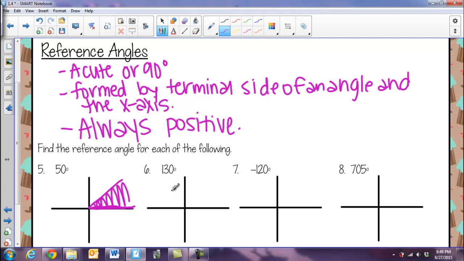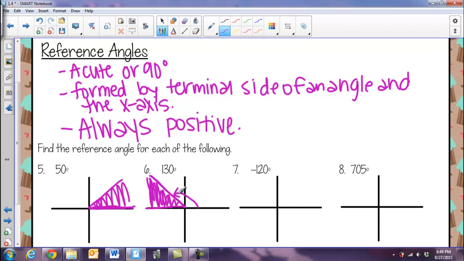Now if I sketch 130 degrees, that's going to be over here in quadrant 2 because it's more than 90, less than 180. And so I went this direction. The thing about reference angles is, first of all, they have to be acute. 130 is not acute. The other thing is they're formed by the terminal side of the angle, so this side, and the x-axis, so down here. So this is going to be your reference angle for this particular angle.